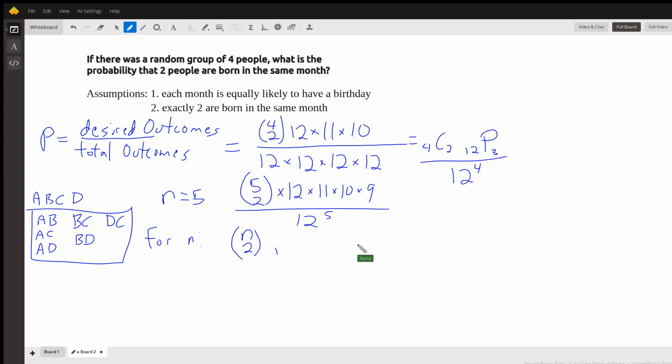So basically 12, this is different permutations of n minus 1, because there are 2 in that 1 month. And then the denominator is just like that. Let me make that a little more clear.